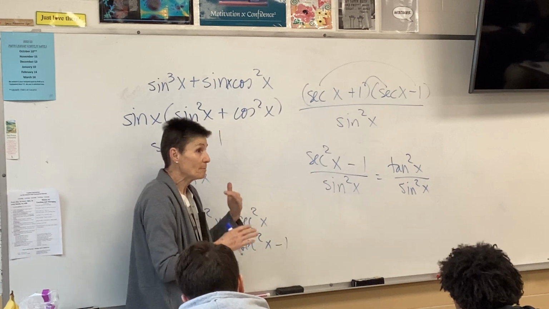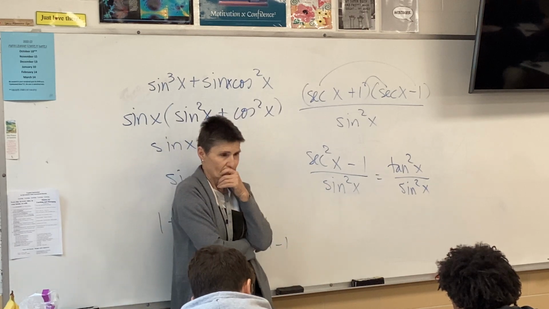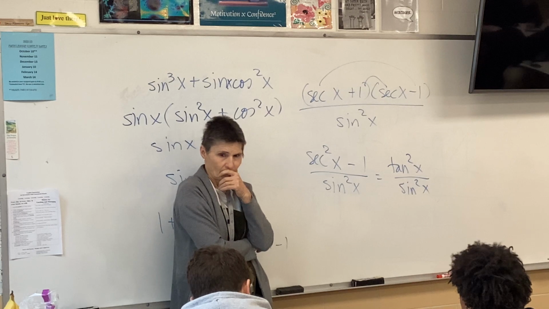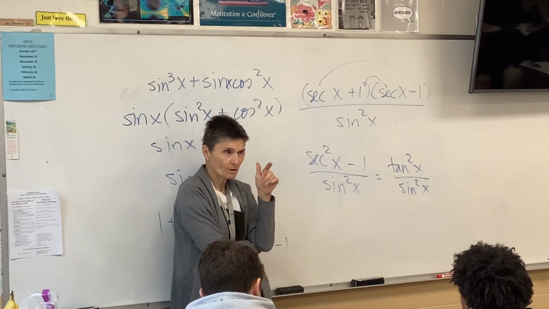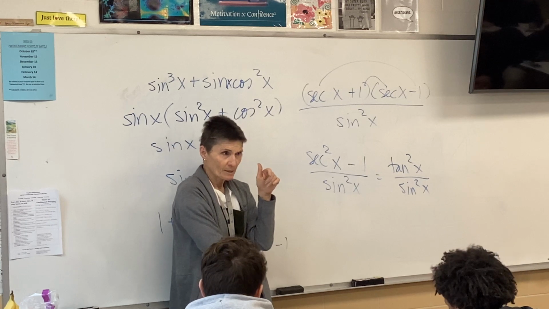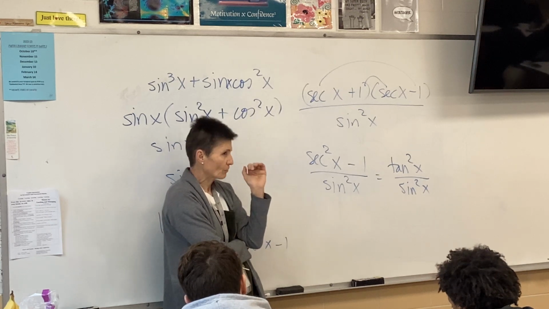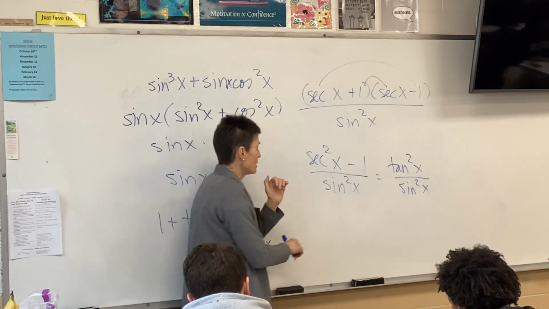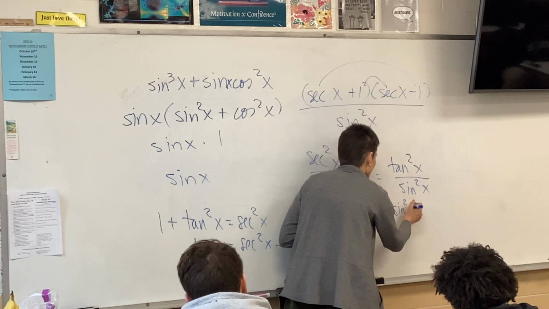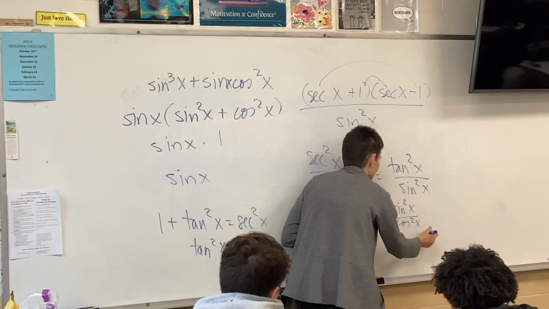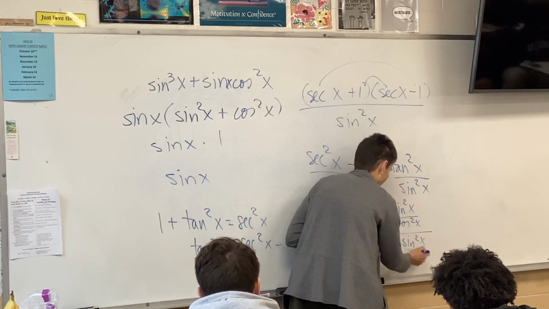Now I'm supposed to be simplifying. What do I know about tangent squared? It's sine squared over cosine squared. Because remember those quotient identities? Tangent is sine over cosine. So I'm going to think of this now as sine squared over cosine squared over sine squared over 1.